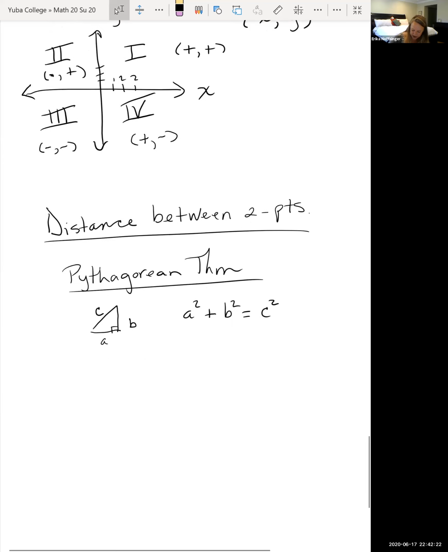Okay, so let's say we have 2 points. Let's just arbitrarily call them P sub 1 and P sub 2. Let P sub 1 be equal to X sub 1, Y sub 1. And let's say we have another point, P sub 2, equal to X sub 2, Y sub 2.